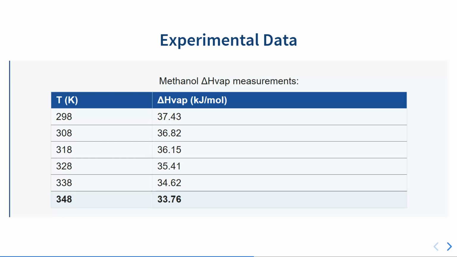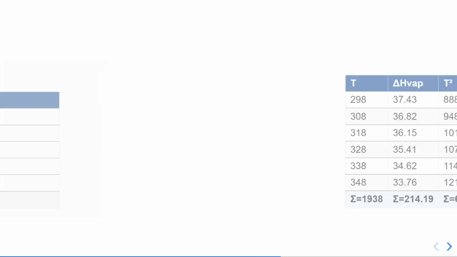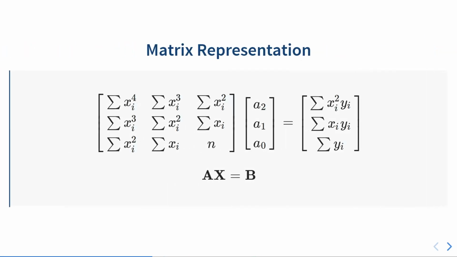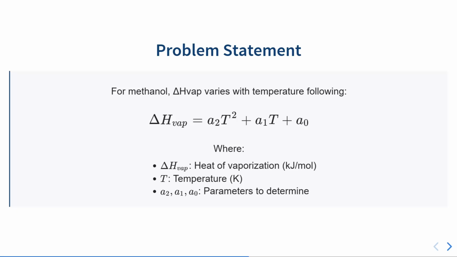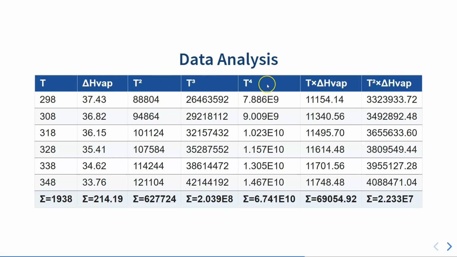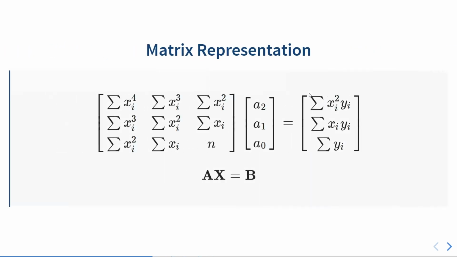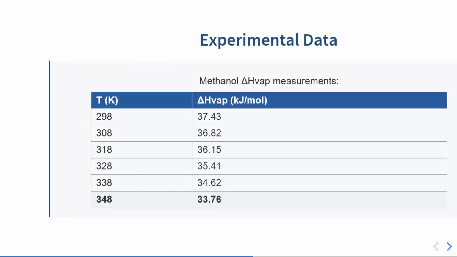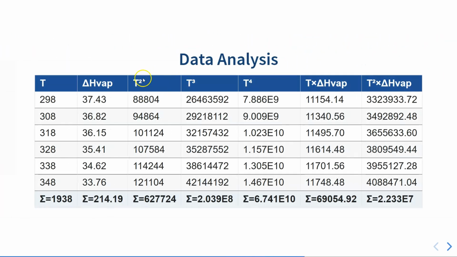For that we will use polynomial regression. So we get that matrix. If I consider delH vapor as y and T as x, first we have to calculate all these values, that is xi square, xi cube, and so on. So T is our x, and we need x square, x cube, x to the power 4, and delH vapor is y.